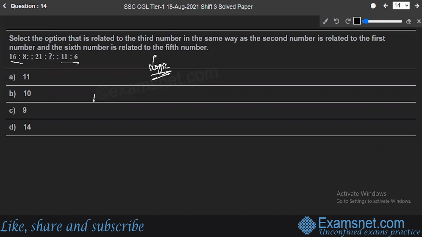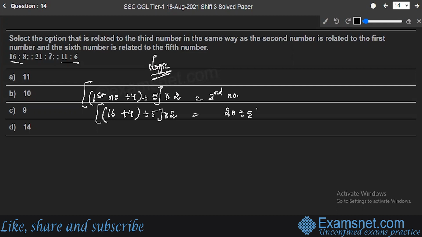The logic that is framed is first number plus 4 divided by 5 whole multiplied by 2 gives you second number. Let's check. 16 and 8. The first number is 16 plus 4 divided by 5 whole multiplied by 2 is equal to 20 divided by 5 multiplied by 2. 4 multiplied by 2 gives you 8, which is correct.